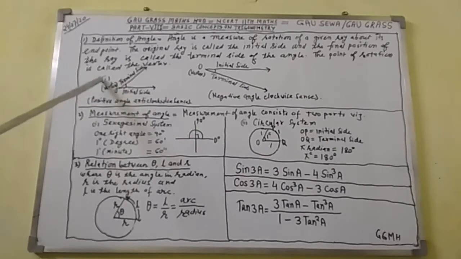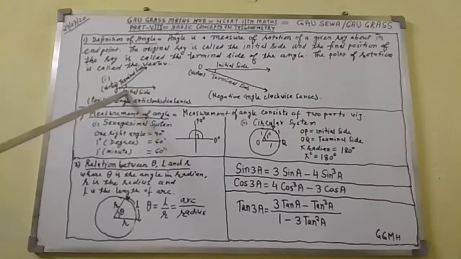Here you can see in the picture, this is the ray. A ray has 2 points, an initial point and a final point. The initial point is known as its tail and the final point is known as its head.